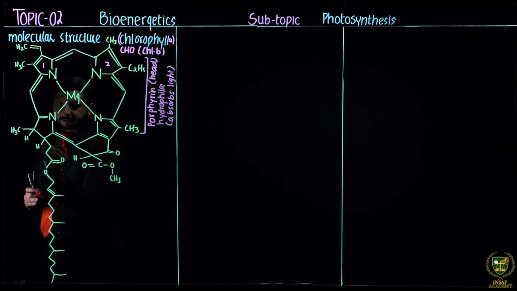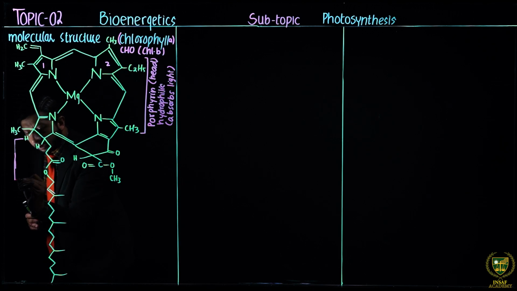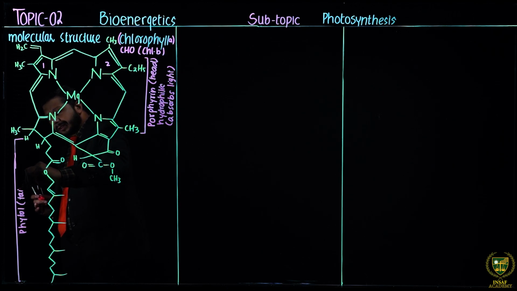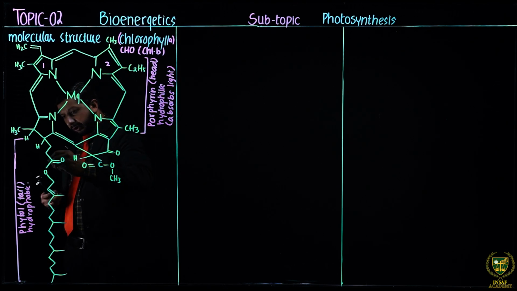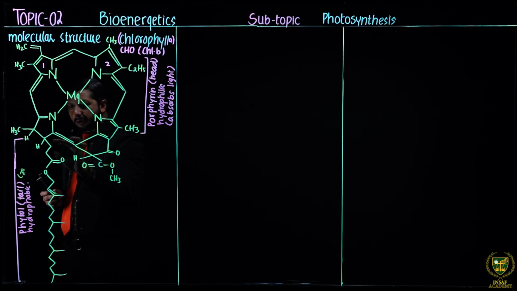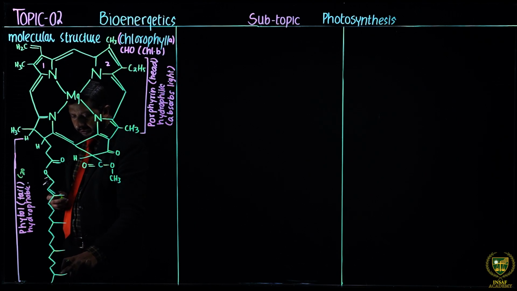And the remaining portion starting from over here, from this level to the last level, this is phytol, that is the tail, and it is hydrophobic, and its formula is C20, because 16 are counted here and 4 here. 1 2 3 4 5 6 7 8 9 10 11 12 13 14 15 16 17 18 19 and 20.